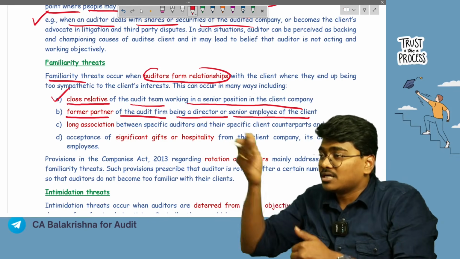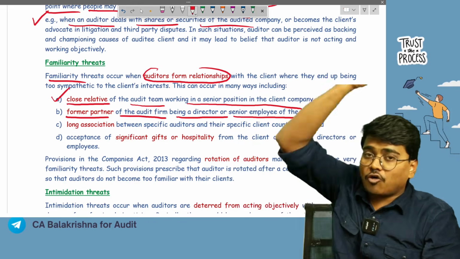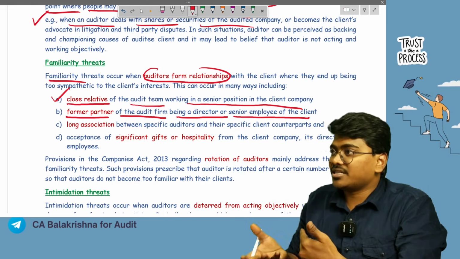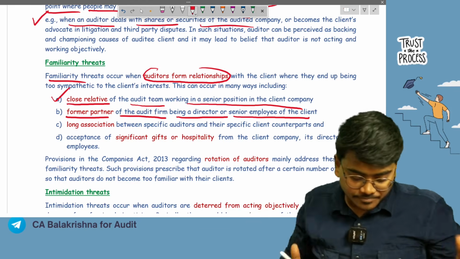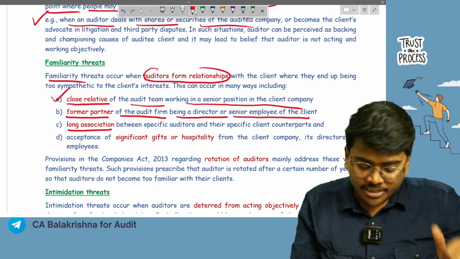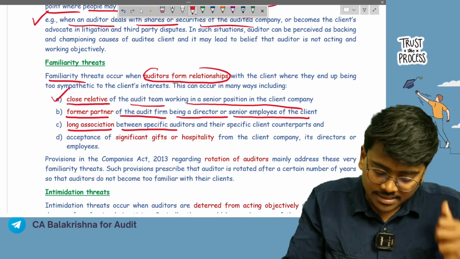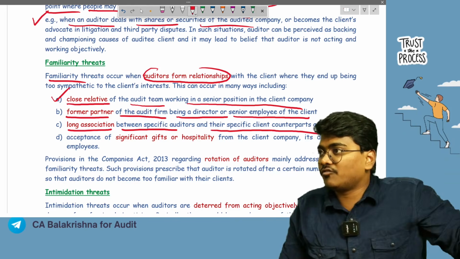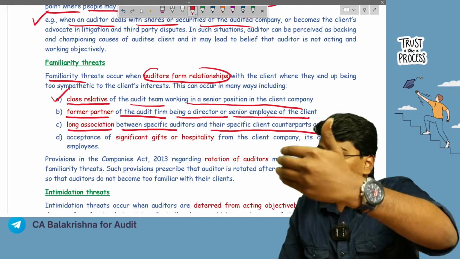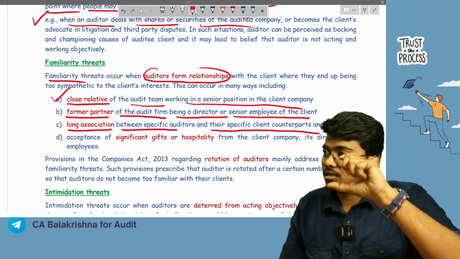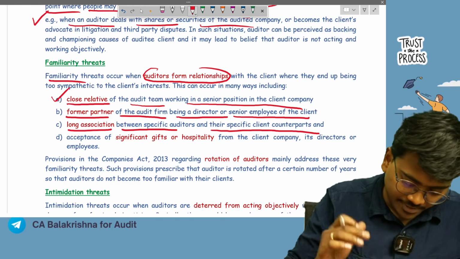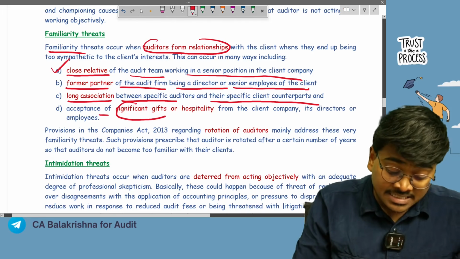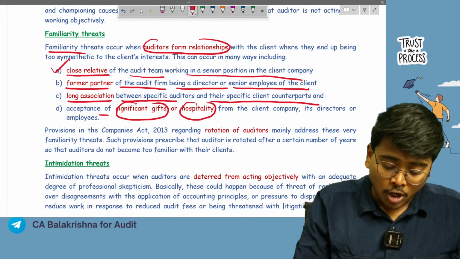Now, in this situation, since that managing director is a former partner of our firm, there will obviously be a relationship already developed, right? Next, long association between specific auditors and their specific client counterparts. That is, the duration of time for which you have been dealing with them. That also will create a familiarity threat. Next, acceptance of significant gifts or hospitality.